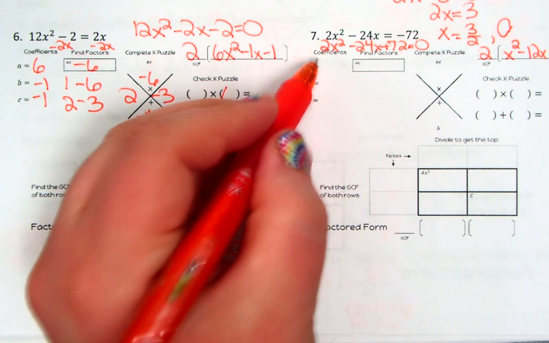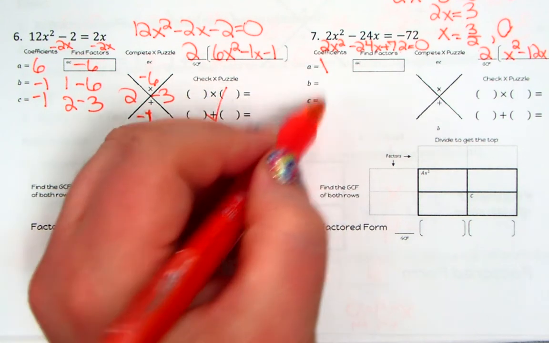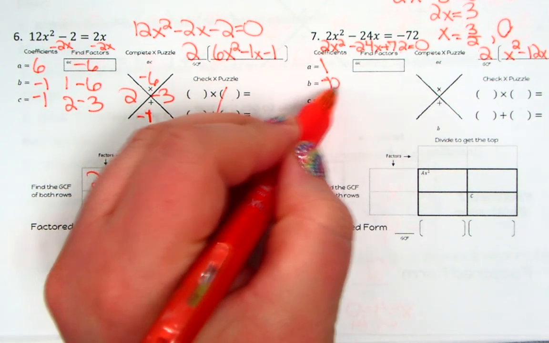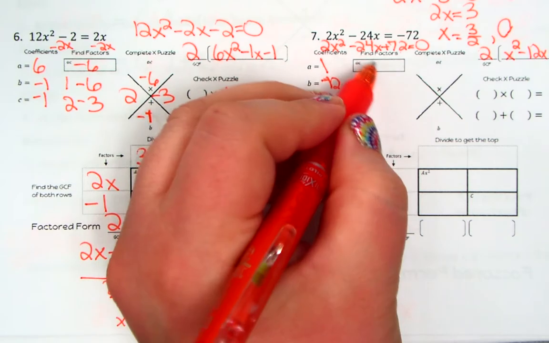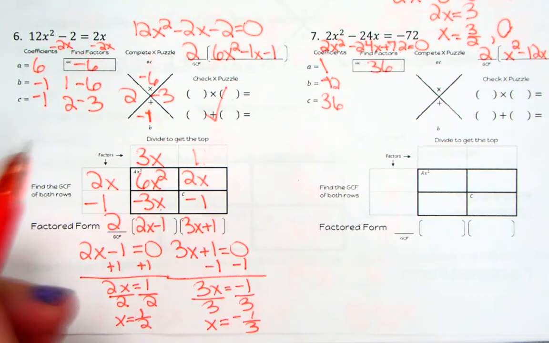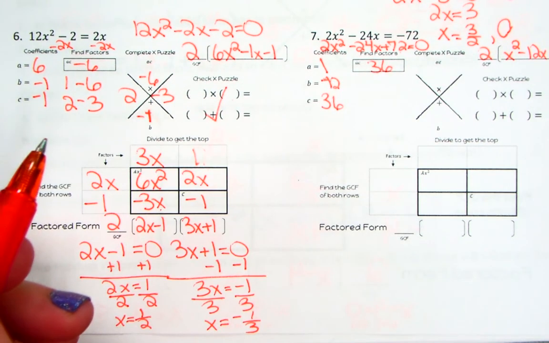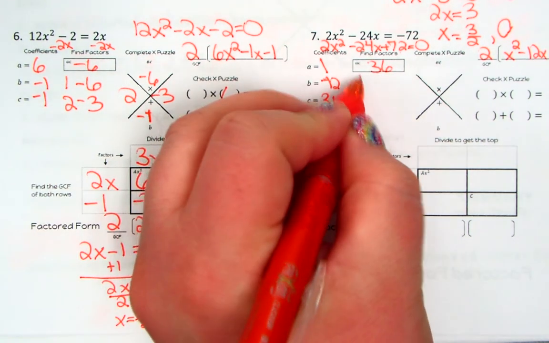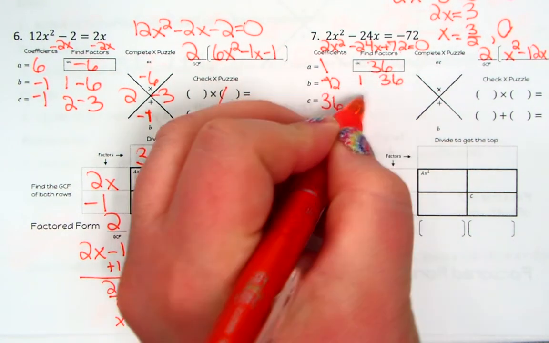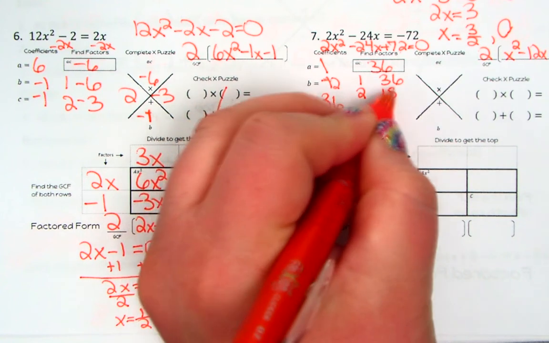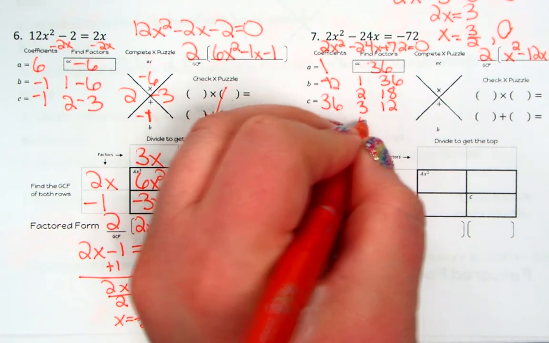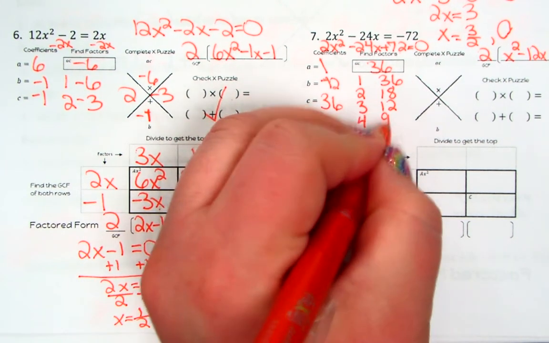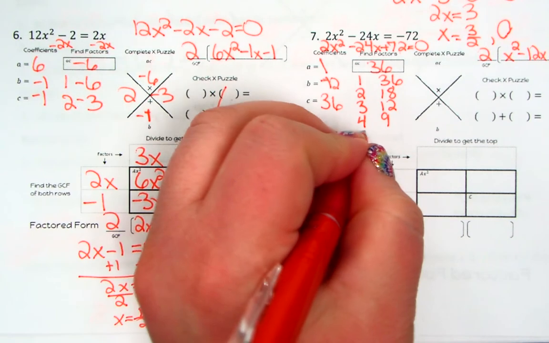A would be 1. B is negative 12. C is 36. So A times C is 36. The factors of 36 are 1 and 36, 2 and 18, 3 and 12, 4 and 9, 6 and 6.